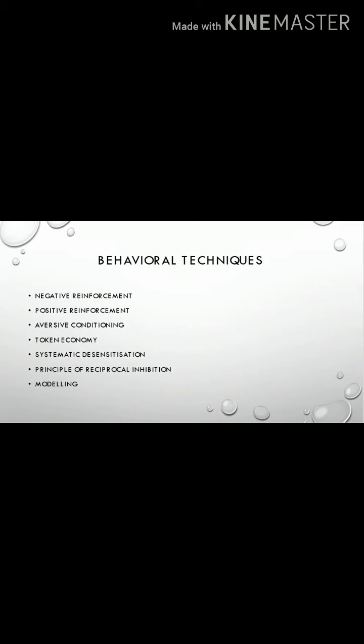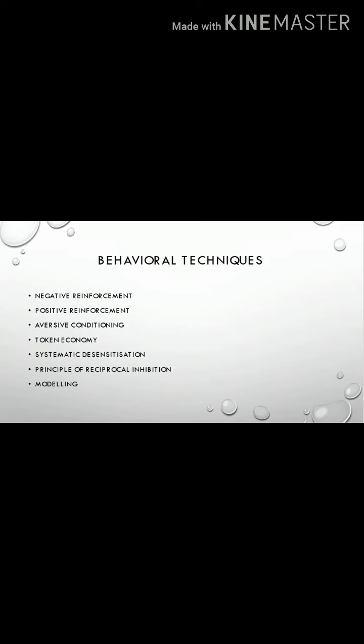Students, next we have systematic desensitization. In these sessions, the patient is asked to visualize the least anxiety producing item while in a relaxed state. After some time, the therapist moves on to the next most disturbing stimulus on the hierarchy, and then the next, up to the highest level of anxiety producing stimulus.